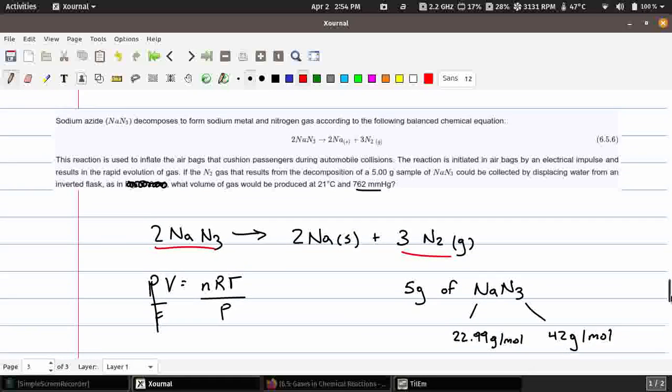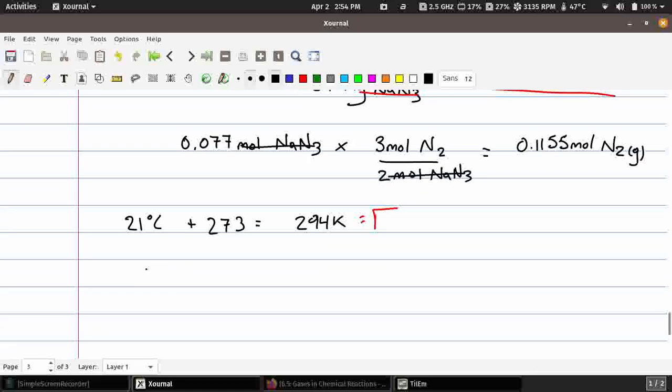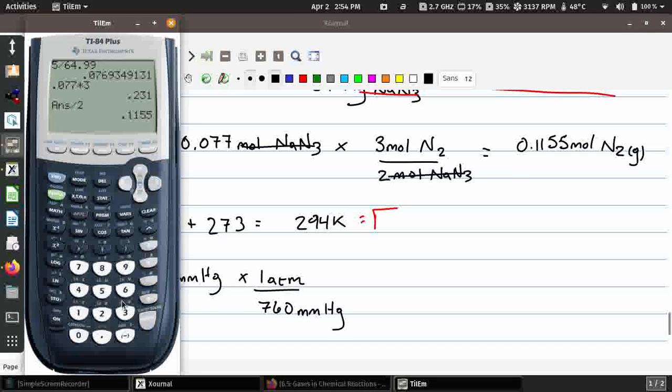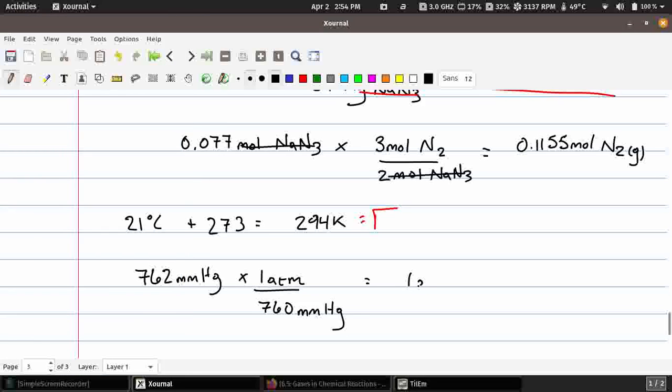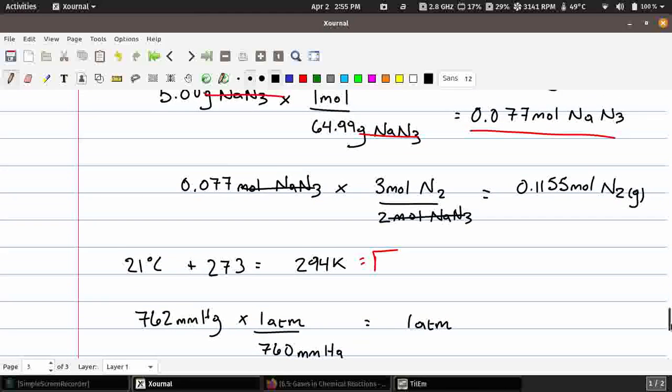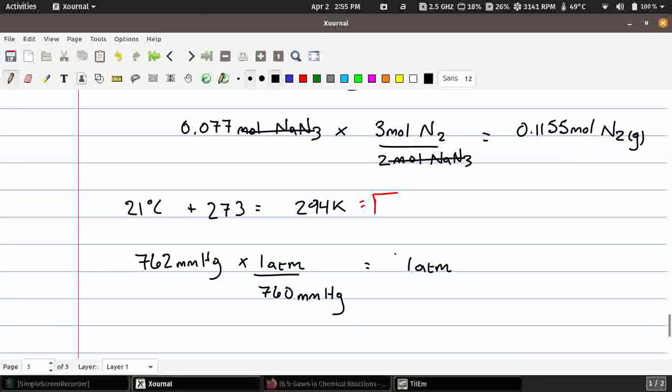And then we have 762 millimeters of mercury times 1 atmosphere divided by 760 millimeters of mercury. This is essentially 1, so we're just going to leave this at 1 atmosphere because it's not going to throw it off by that much. So the pressure is 1 atmosphere.